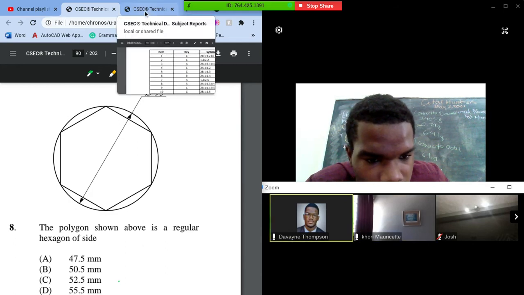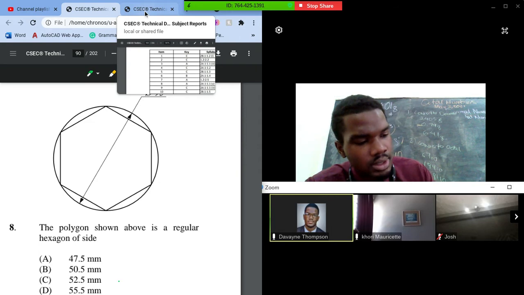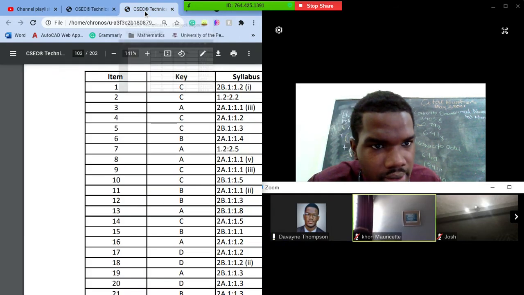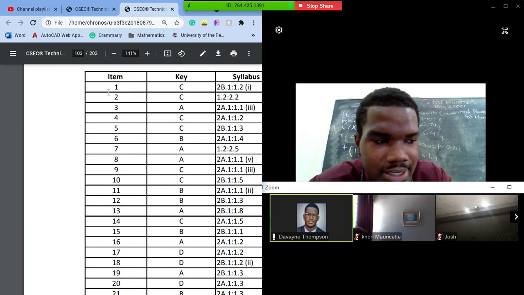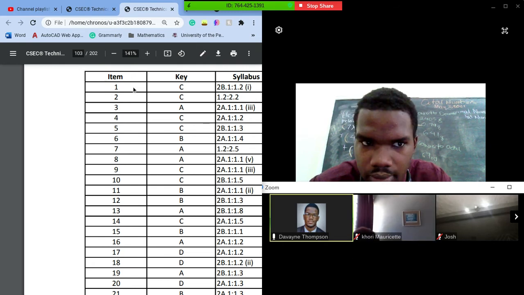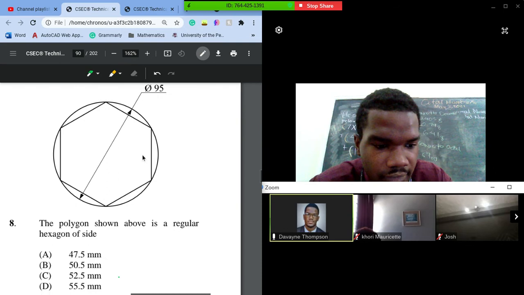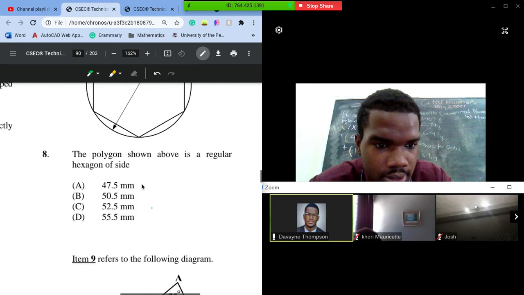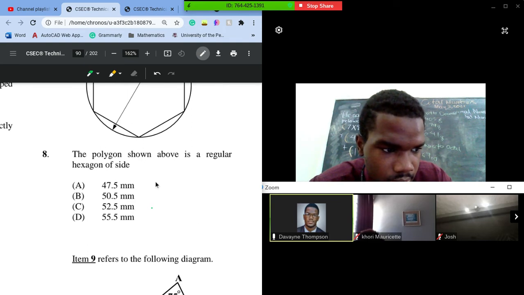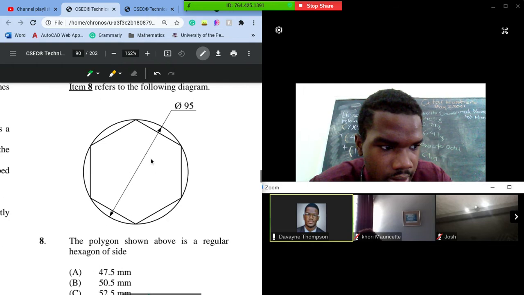One second. 95. Alright, there's a little error here, but the formula is going to be 95 plus 1 divided by square root 3, and that gives you 55. Alright, so you add 1 to the value and then divide it by square root 3. Okay, everybody?